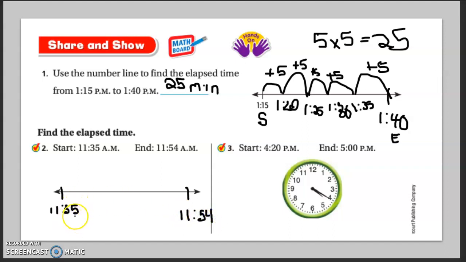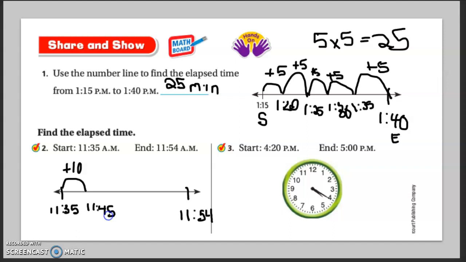Okay. So again, since it's ending with a 5, it'd probably be easiest to skip count by 5s. But we can try to skip count by 10s to make it faster. So let's skip count this one by 10s. So I'm going to add 10 minutes this time. So if I'm adding 10 to 35, my new time is going to be, very good, 11:45.